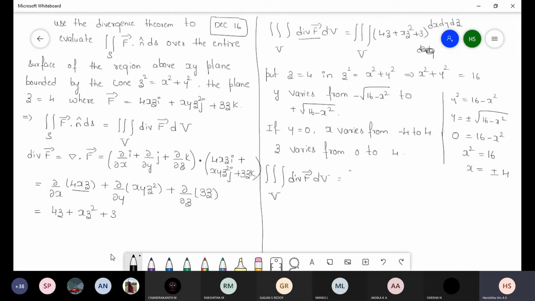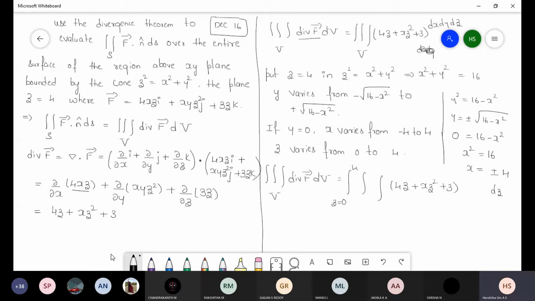That is, first you write the triple integral, write the term 4z plus xz square plus 3. Here the constant value is z is equal to 4, so it should come at the last.